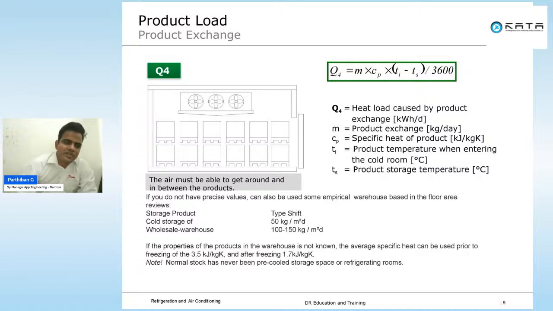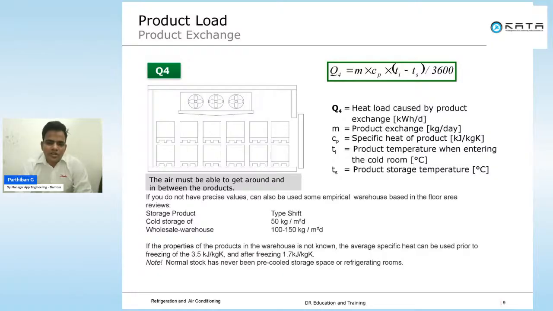The specific heat data is also available in books. I'll show you a graph where the specific heat of the majority of products is covered. Then, as I said, T1 is the product entry temperature, TS is the final storage temperature. With this data, you can calculate the product exchange load.